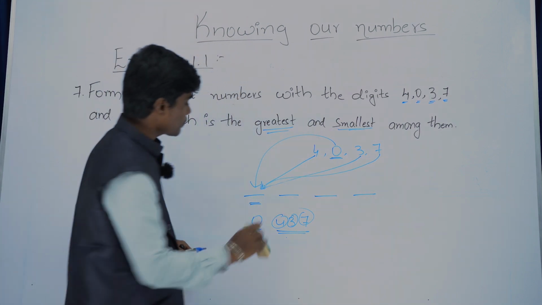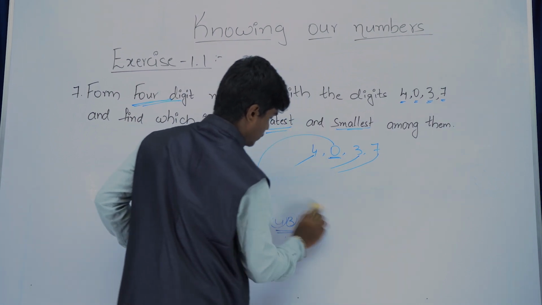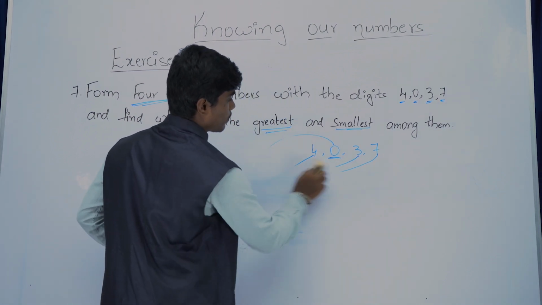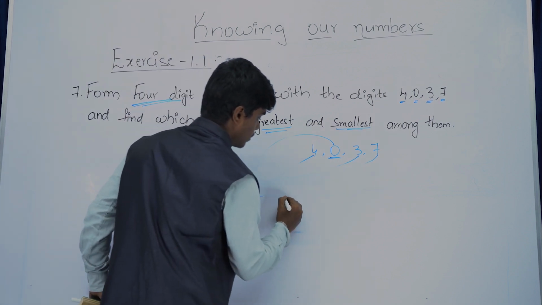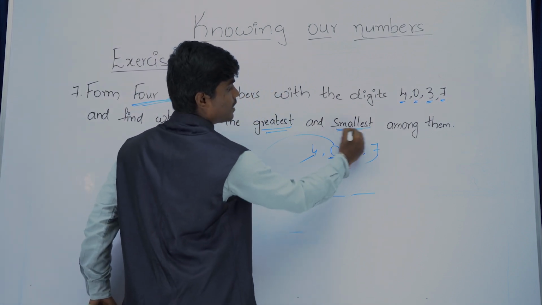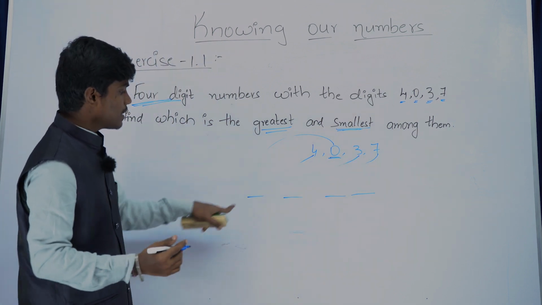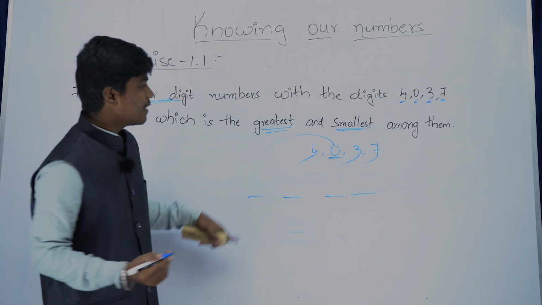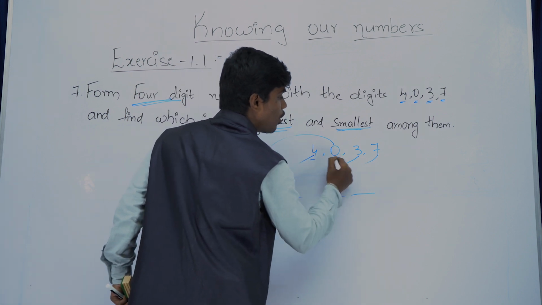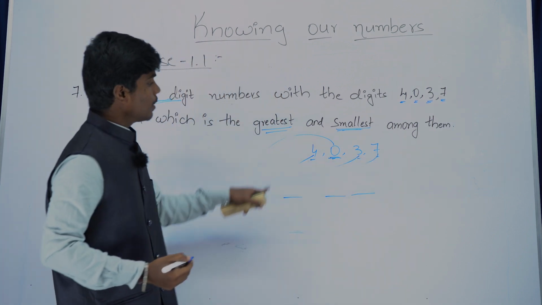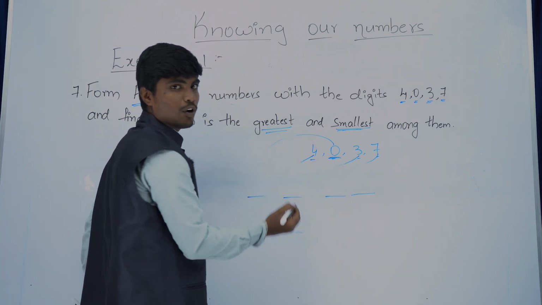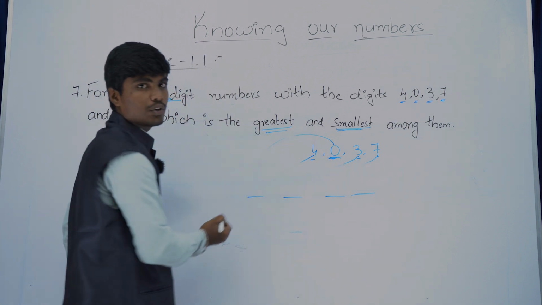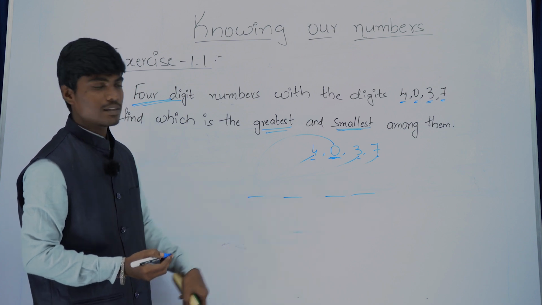First, to find the smallest, start the number with the smallest value among these digits. Here 0 is the smallest, but we should not use 0, as it becomes a 3-digit number.